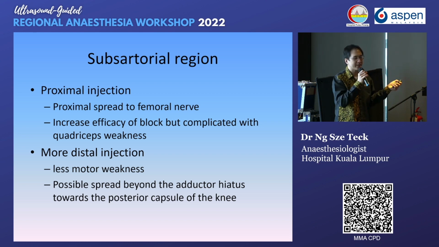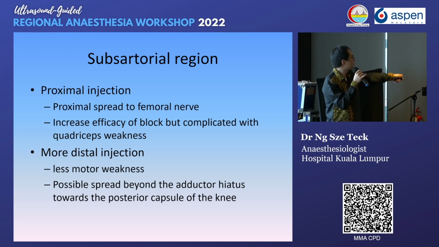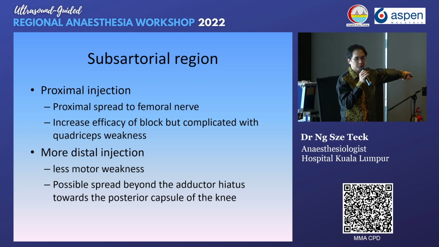we know that a proximal injection will result in more spread to the femoral nerve. It will cause more motor weakness, but probably better analgesia. The more distal you go, the less motor weakness, and possibly spread beyond the adductor hiatus.